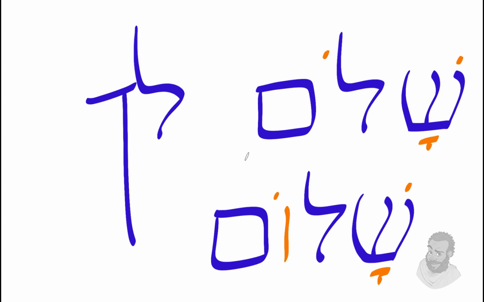It's still the same thing, no matter if you have another wow, because the wow was there to make it easier or simpler to read. You take it away, you still have shalom. You take the wow away from shalom, you have shalom, which will make it a completely different word.